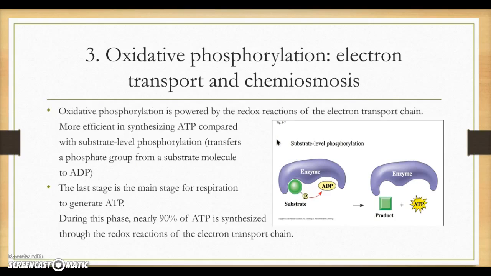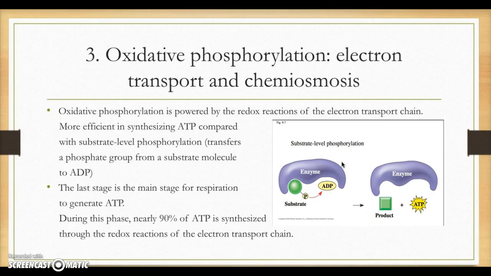And the last stage is oxidative phosphorylation. Oxidative phosphorylation is powered by the redox reaction of the electron transport chain. So this diagram talks about the substrate level phosphorylation. It transfers a phosphate group from a substrate molecule to ADP. But for oxidative phosphorylation, it just adds an inorganic phosphate group to ADP.